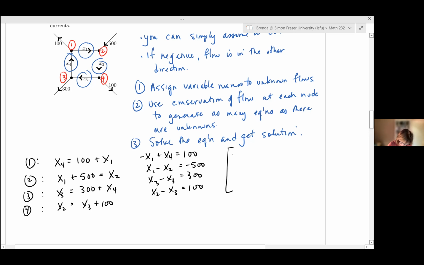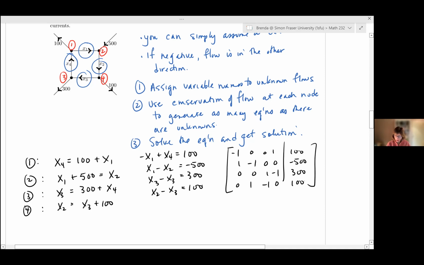And so from the first equation, I'm getting this one: minus 1, 0, 0, 1, 100, and 1, minus 1, 0, 0, minus 500, and 0, 0, 1, minus 1, 300, 0, 1, minus 1, 0, 100.